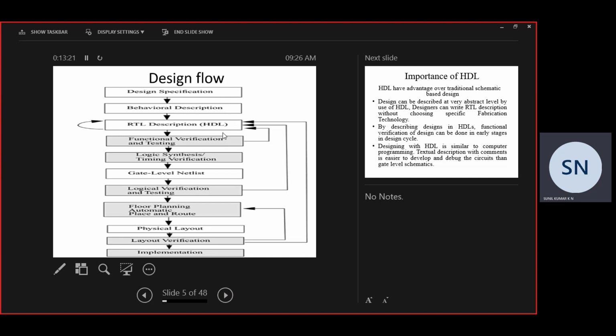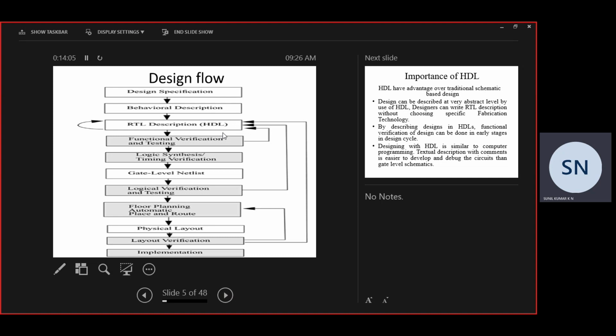Next you have to check the functionality, the behavior description: A, B, Y: 0 0 0, 0 1 0, 1 0 0, 1 1 1. This is the behavior of the AND gate. When any one of the inputs is 0, we get output 0. When both inputs are 1, I should get output 1.